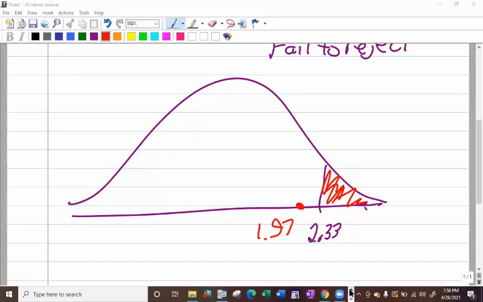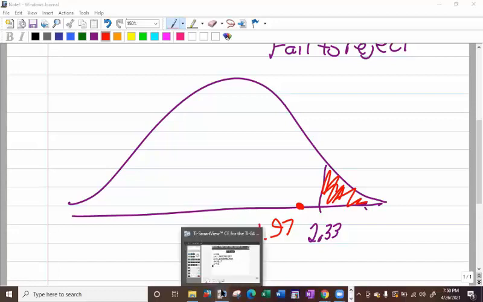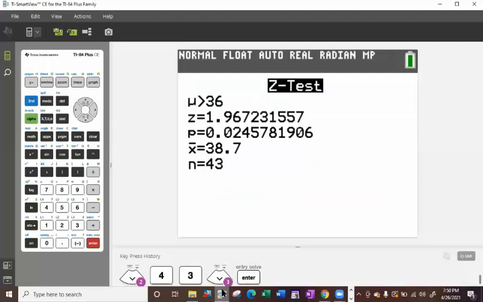Of course, you could use the p-value now if you wanted to instead of that, because there it is. And 0.02 is greater than 0.01. That's what this alpha was, 0.01. So that reinforces the fail to reject.